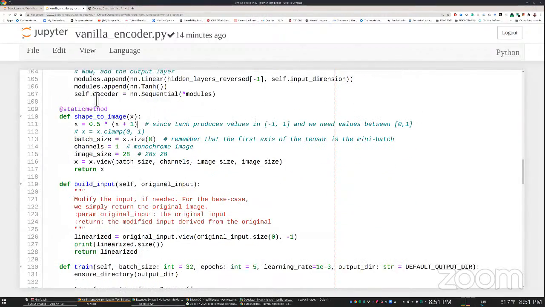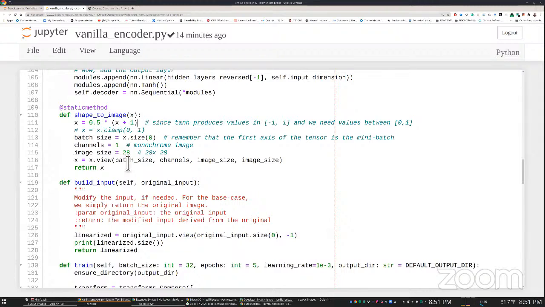There is a helper method, shape to image. If you take a 28 by 28 image with one channel, which is the monochrome channel, it is basically a three-dimensional tensor.